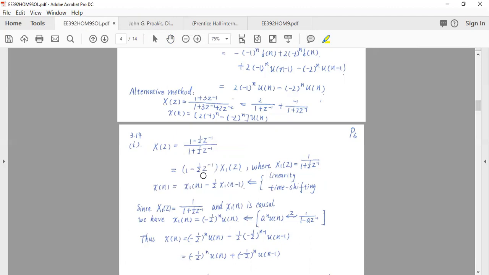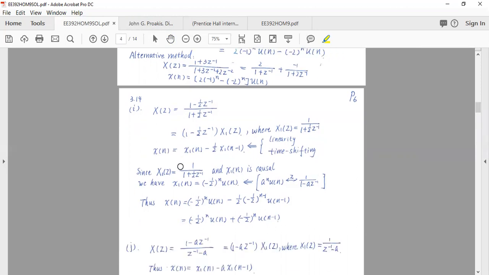Remember, z to the power of -1 indicates a delay in the signal x1 of n. This is using the linearity and time shifting properties.